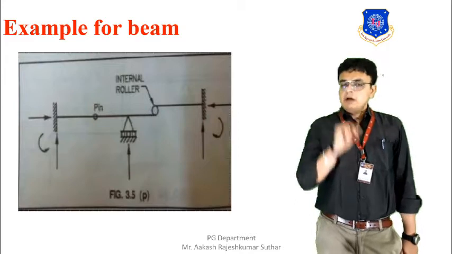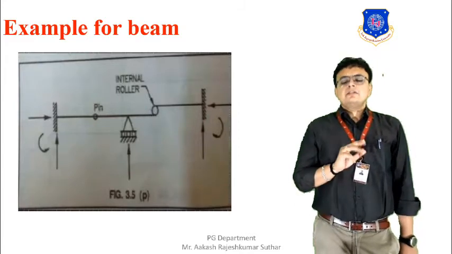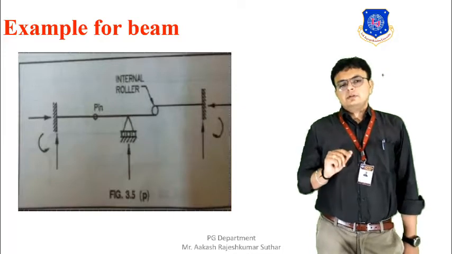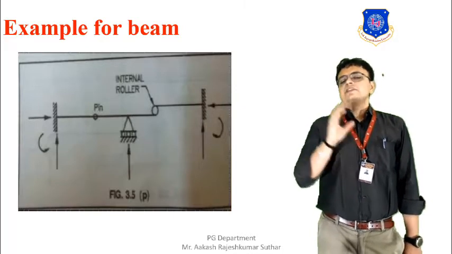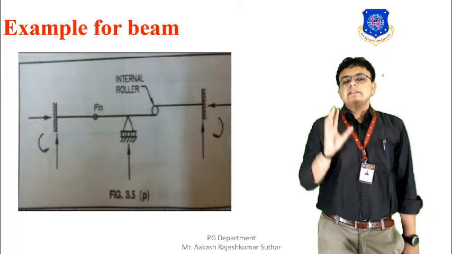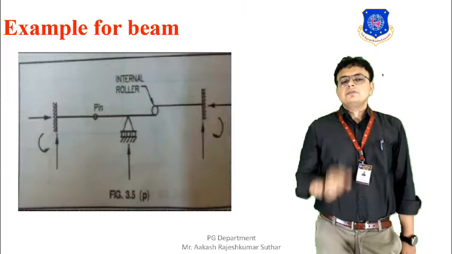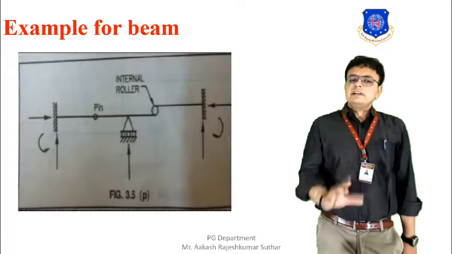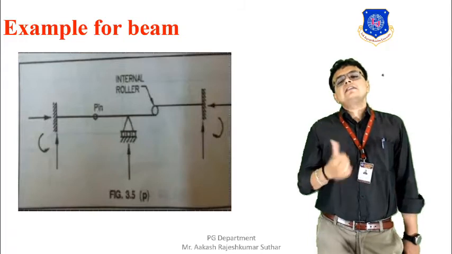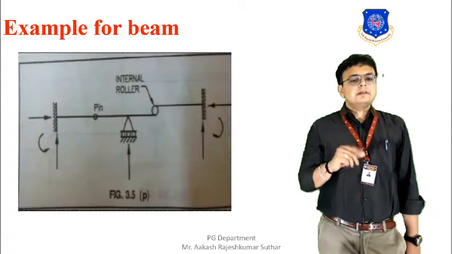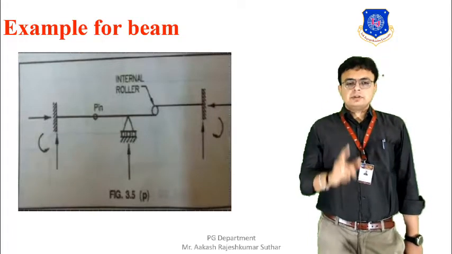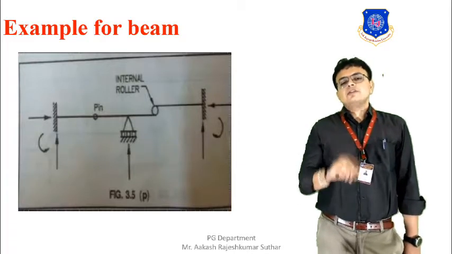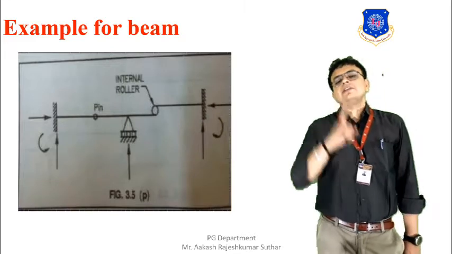Out of 3 supports, 2 are fixed supports and 1 is a roller support. For a fixed support, the reaction will be 3, that is the horizontal reaction, vertical reaction and the rotation. A similar reaction is also available for the other fixed support. And talking about the roller support, the reaction available will be only the vertical reaction.